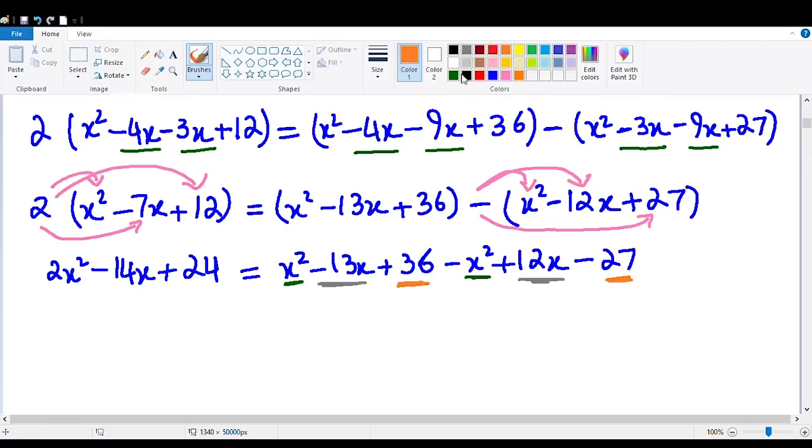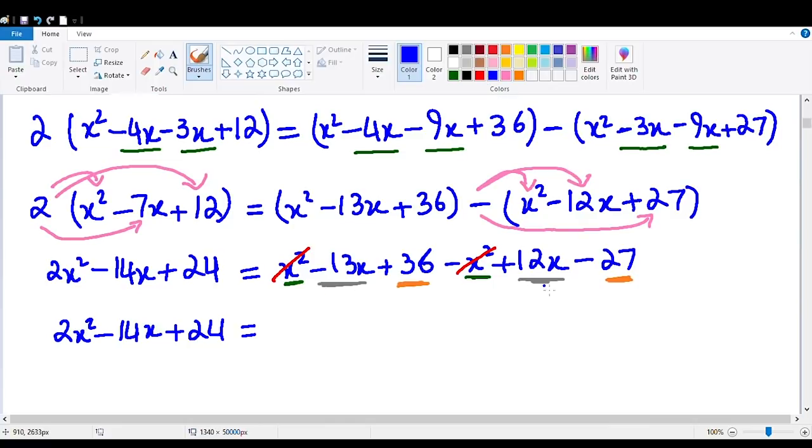So we can write this as 2x squared minus 14x plus 24 equals, when x squared plus x squared minus x squared will be 0, so there's no need, these just cross out.